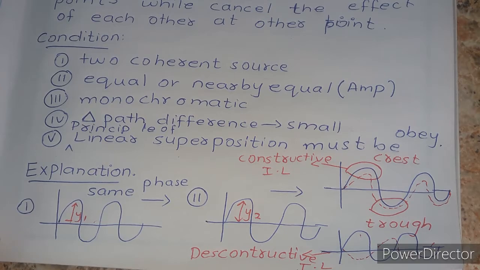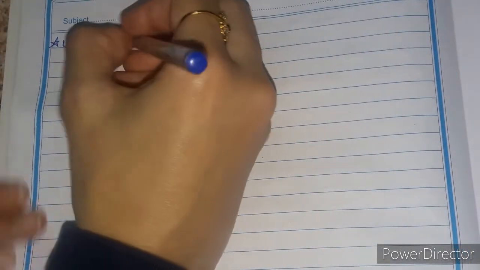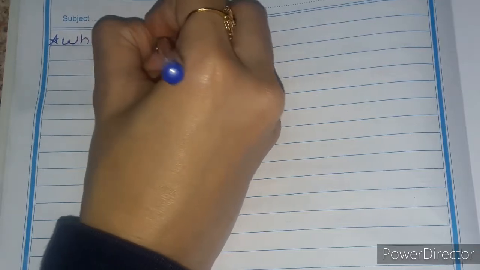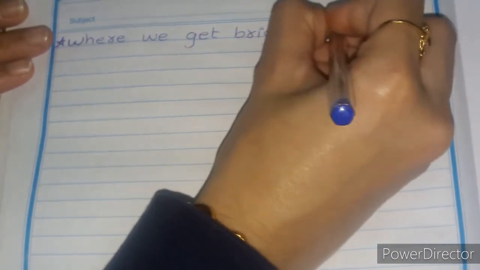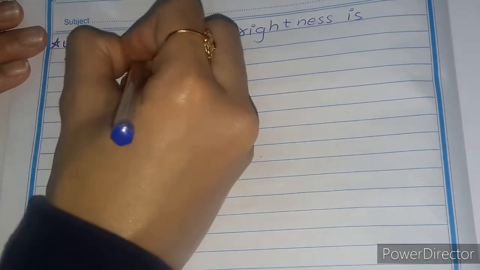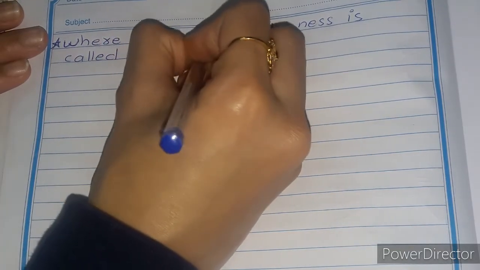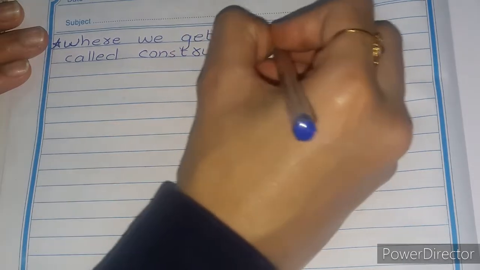Now the theory is: where we get brightness is called constructive interference of light.